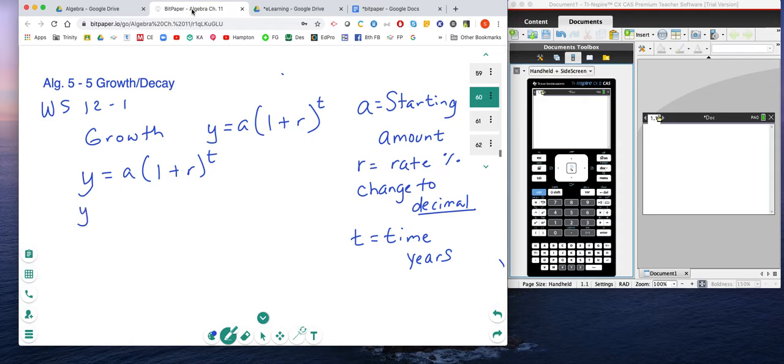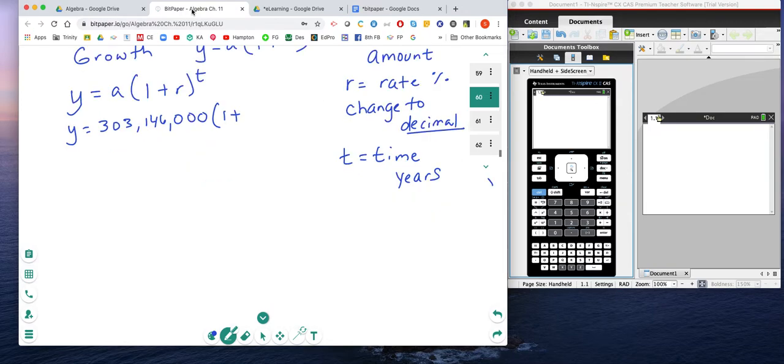So y is equal to our substitution step, 303,146,000 times 1 plus, and then a reminder that we have a decimal.